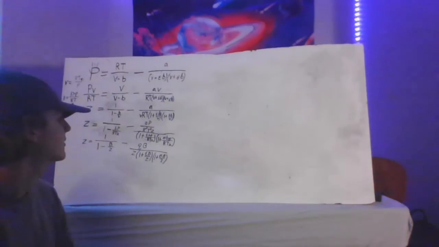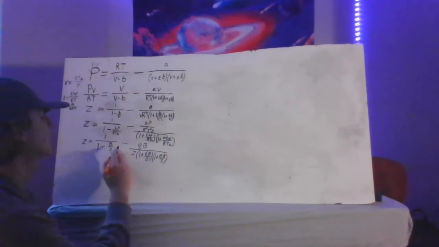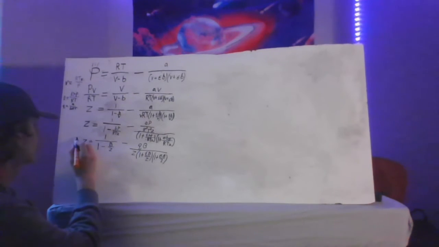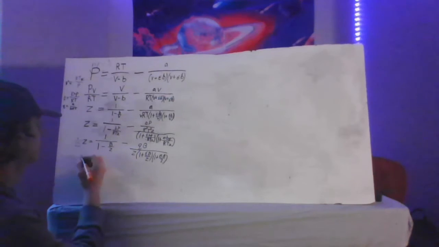So the next step to solving this will be to multiply everything by 1 over Z. So 1 over Z times Z is just 1.